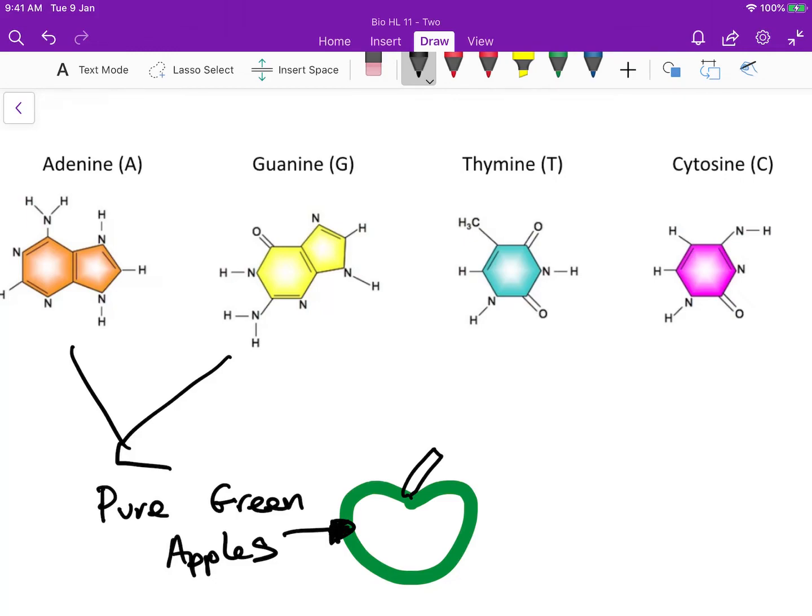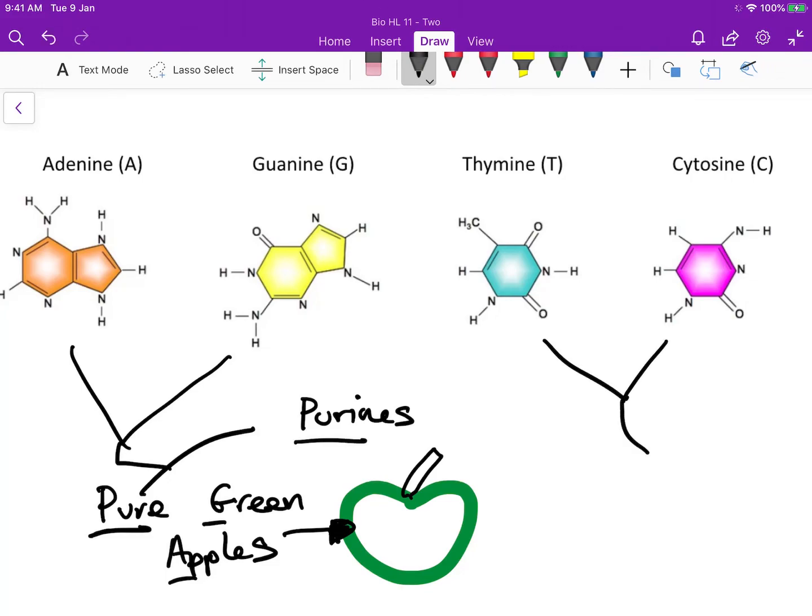And that reminds me that adenine and guanine, pure, for purines. So there's 2 different types. These 2, and you can see that the purines are the larger rung of the ladder. They take up kind of 2, whereas thymine and cytosine, they're the smaller rung of the ladder. These are the pyrimidines. So the pyrimidines are smaller.